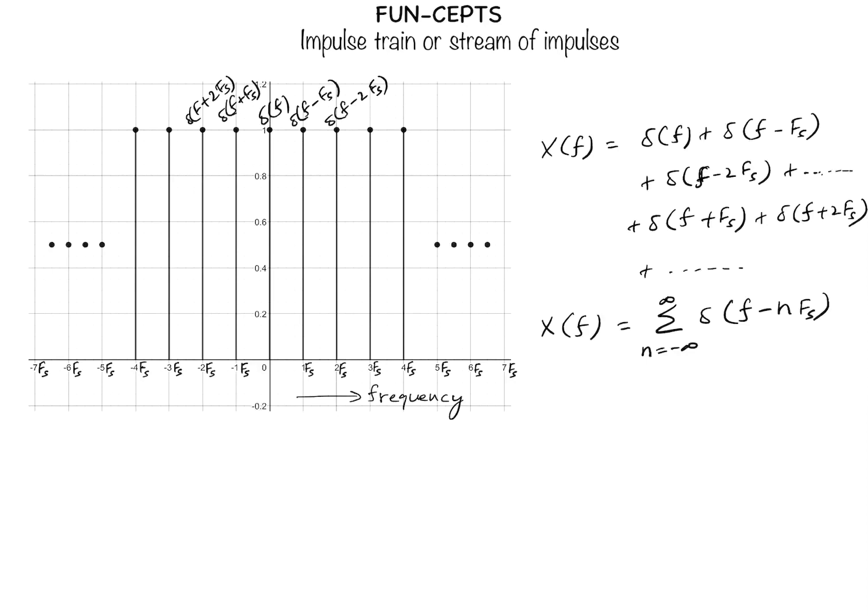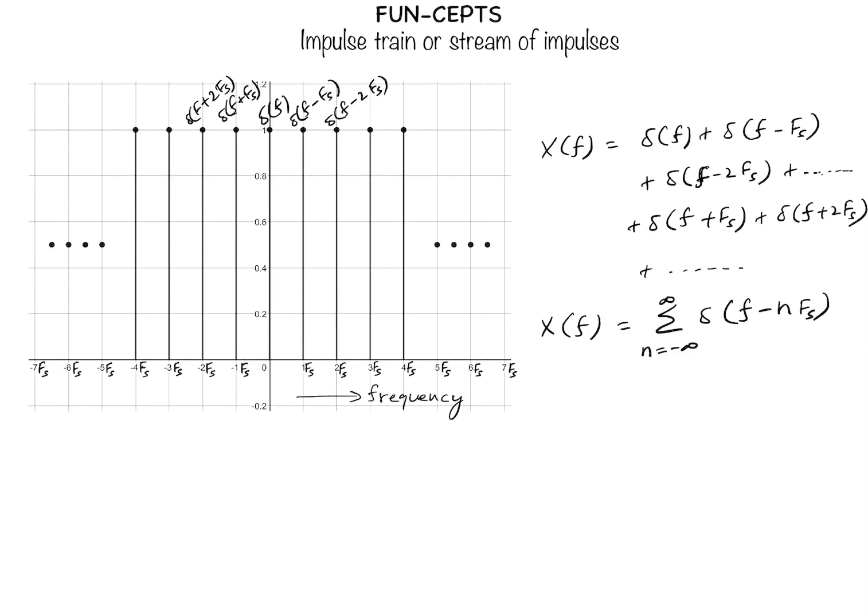So what we have seen today is the concept of an impulse train, also called a stream of impulses, which is a collection of impulse functions that are equidistant from each other, so two consecutive impulses are separated by the same amount.